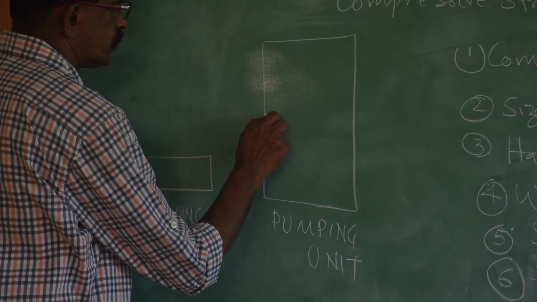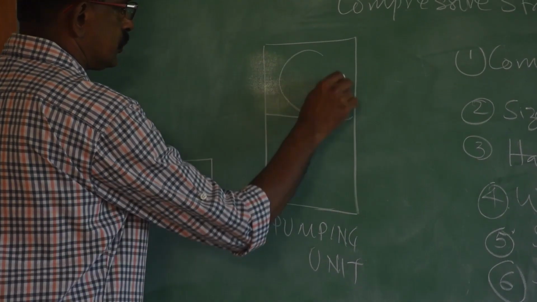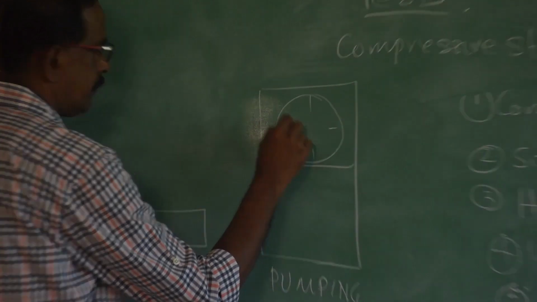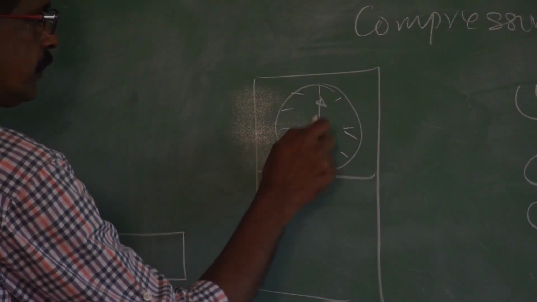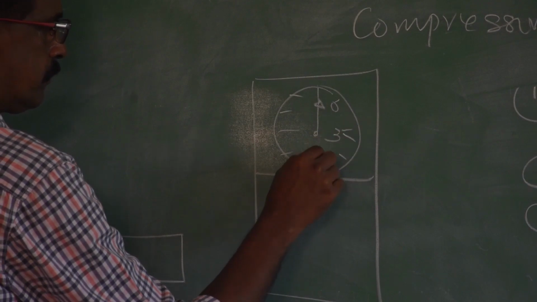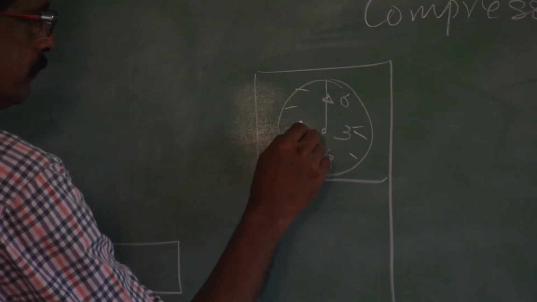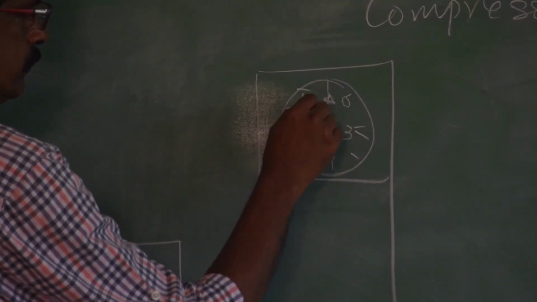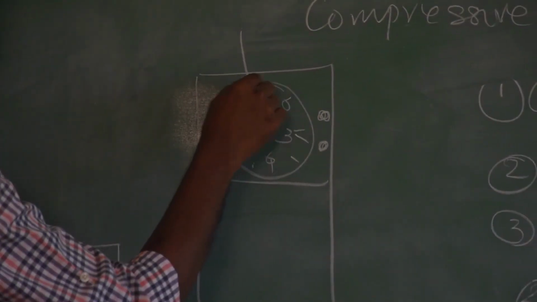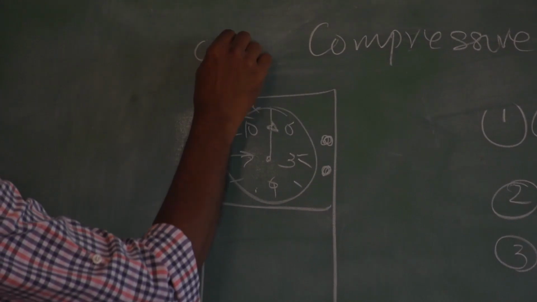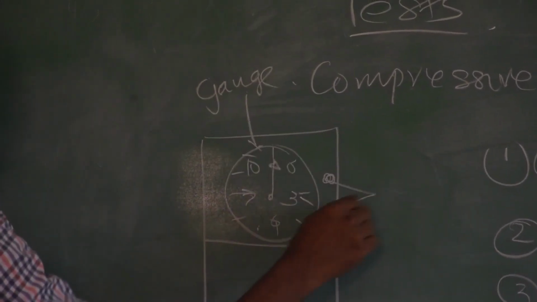The pumping unit consists of a dial gauge with a needle, with two switches, one on switch and one off switch. So this is the dial gauge, and these are the switches.